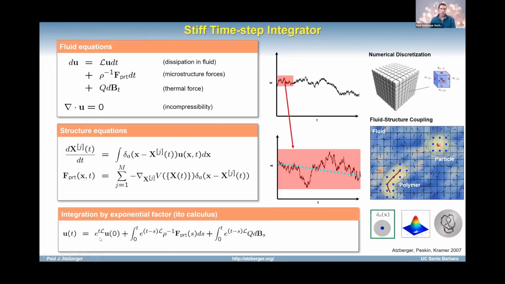And what we've done is develop exponential time-stepping techniques, which I won't really have time to get into today, but the idea is that rather than treating this using a traditional finite difference in time method, what we've essentially leveraged is the fact that this equation effectively has a dissipative part, which is linear. And so if you were to use the method of integrating factors, formally, you could rewrite this fluid equation as this exponential expression.